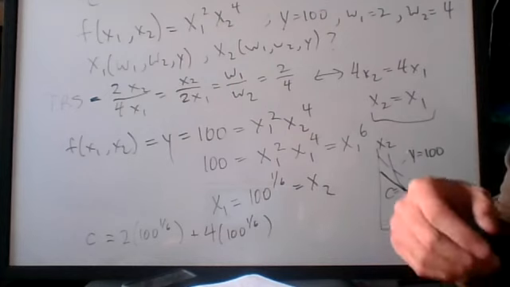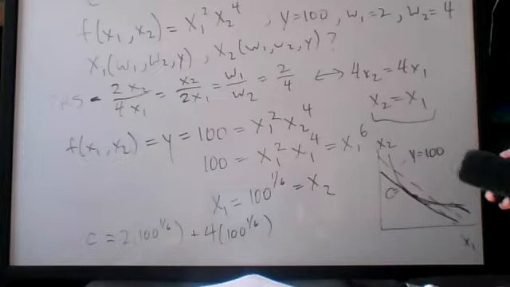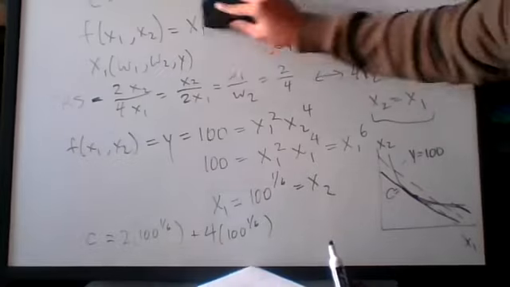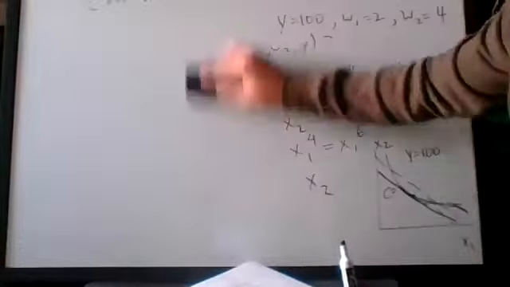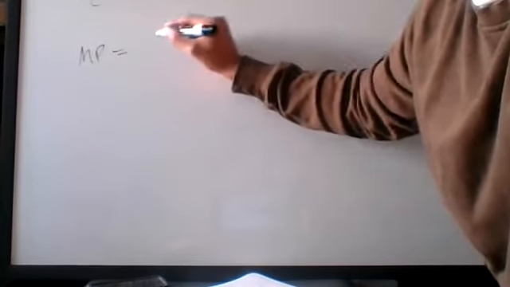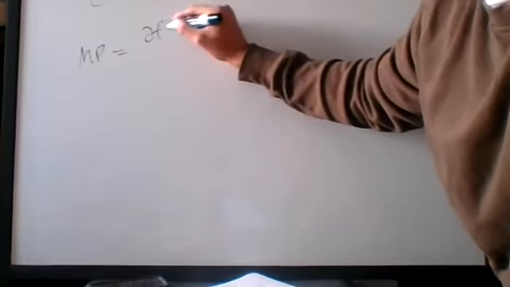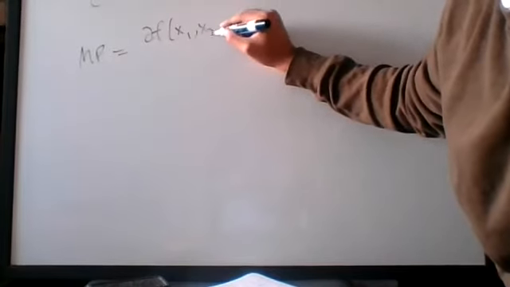All right, so I'll talk about diminishing marginal product just real quick because it'll be a little bit less bulky than doing another problem with perfect substitutes, for example. Marginal product is equal to the derivative of our production function with respect to a certain good.